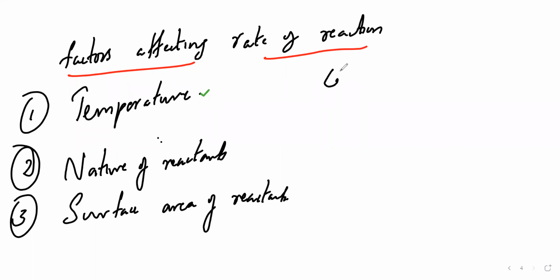Correct. And one important thing, catalyst. So there are two types of catalyst. One can increase the rate of reaction, the other can decrease it. Increasing the rate of reaction, they are called promoters, and decreasing, they are called poison. Again, in surface chemistry, you have that particular portion where you'll be learning those things.